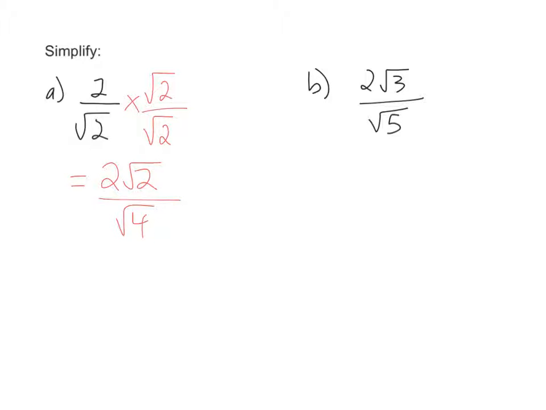So 2 times root 2 on the top, root 2 times root 2 on the bottom gives me this, which is equal to 2 root 2 over 2. Those 2's can cancel out, right? And it's just equal to root 2. 2 divided by root 2 is actually equal to root 2.